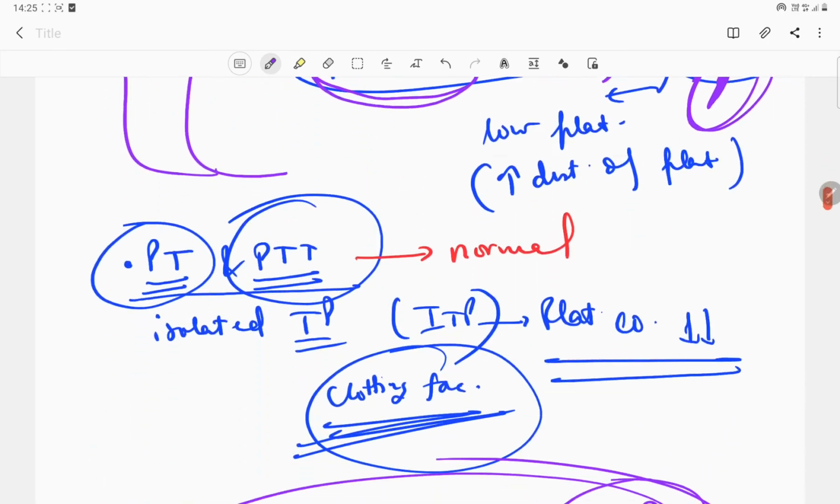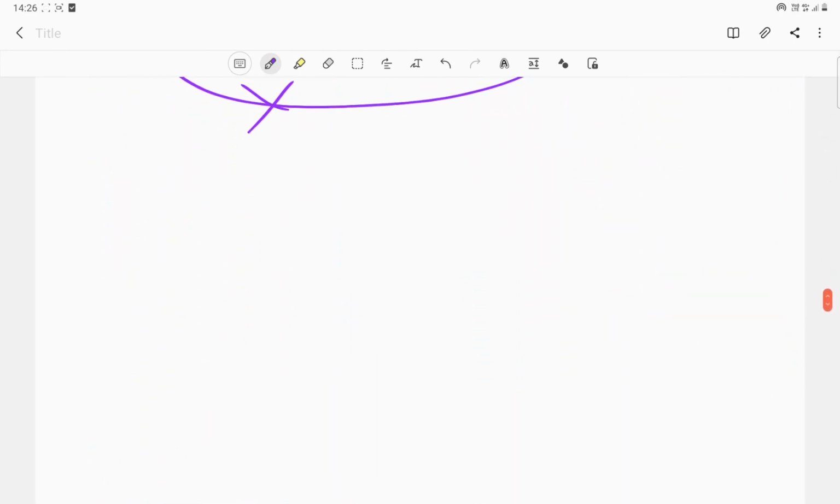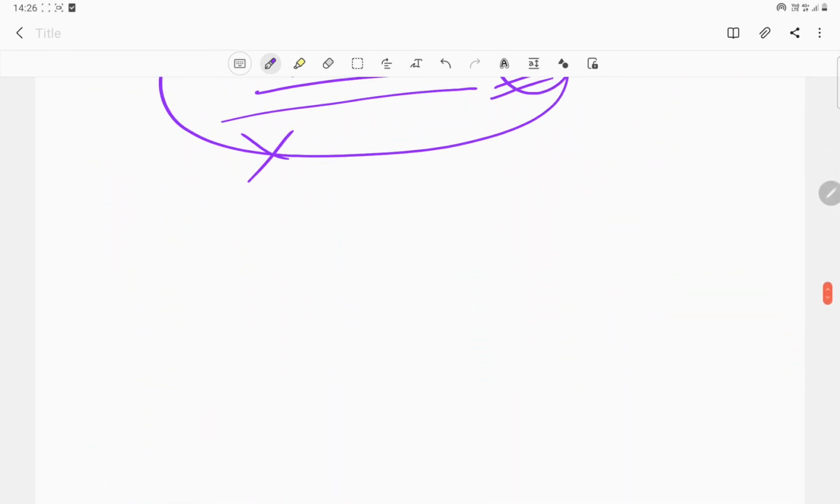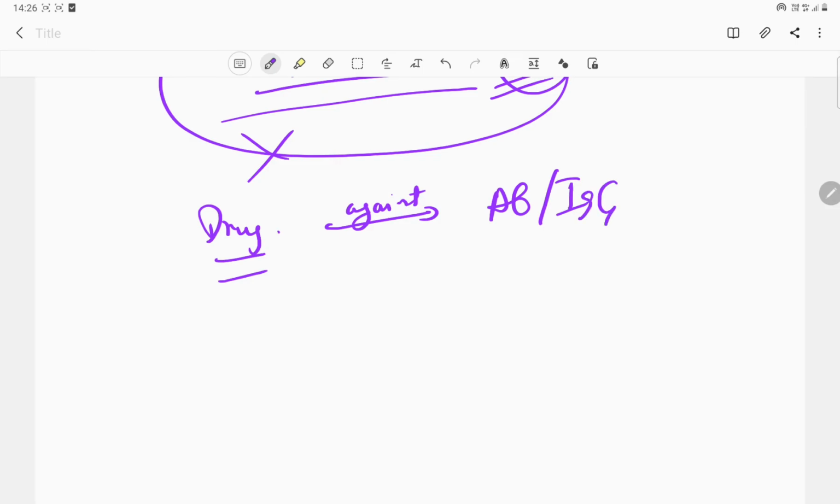We can do this by giving a drug which can act against the IgG antibodies, or a drug which can bind or attack a protein of IgG.